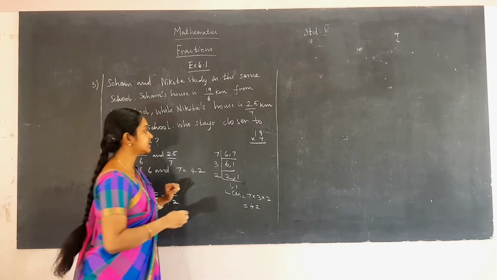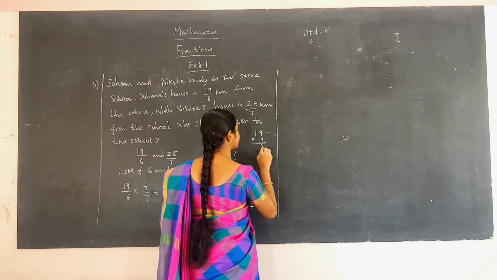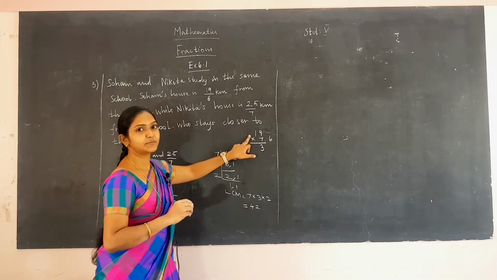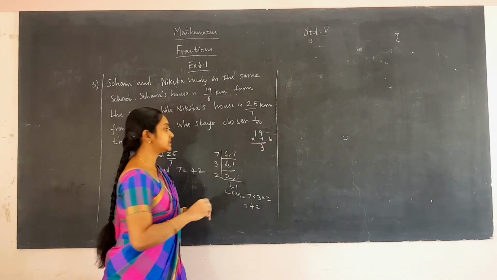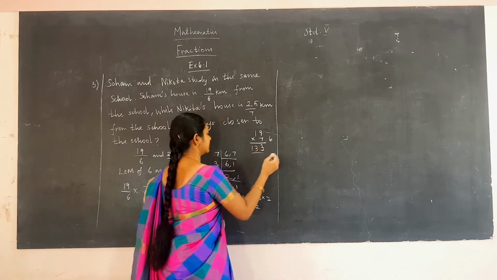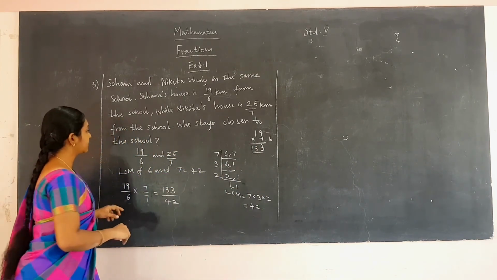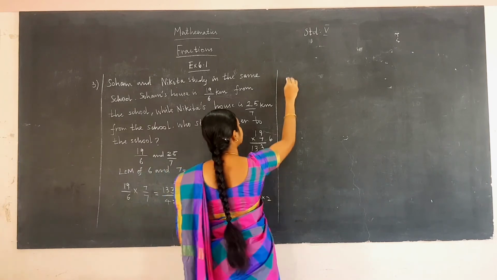Seven nines are 63. So write 3 and 6 is remaining. 1 seven is 7. 7 plus 6 is 13. 133.